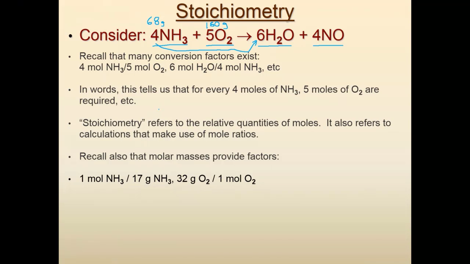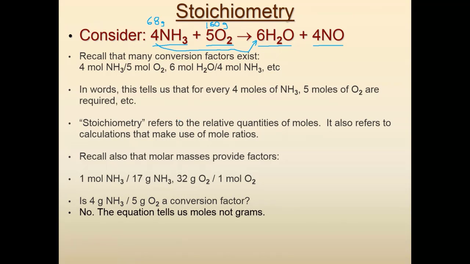Before we convert from moles of one thing to moles of something else, we have to convert moles to grams, or grams to moles usually. So is 4 grams of NH3 to 5 grams of oxygen a conversion factor? No. The equation tells us moles, not grams. Stoichiometry definitely requires you to be precise in your thinking.